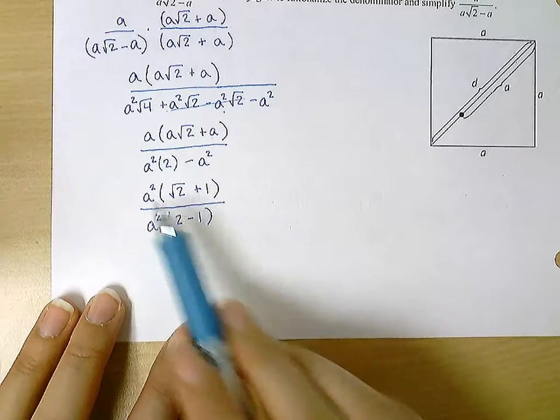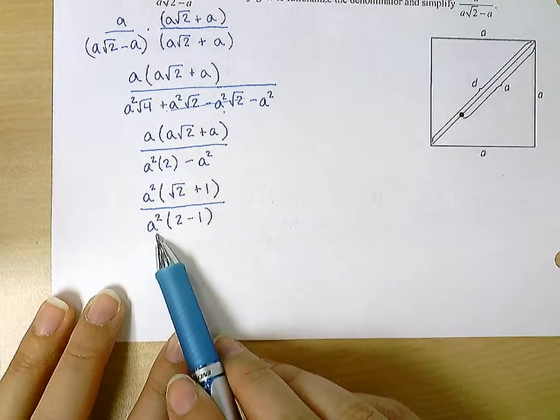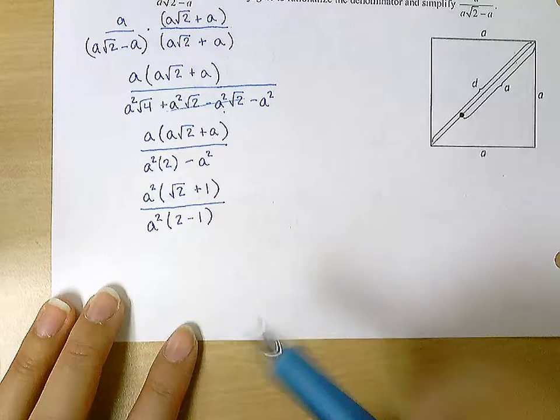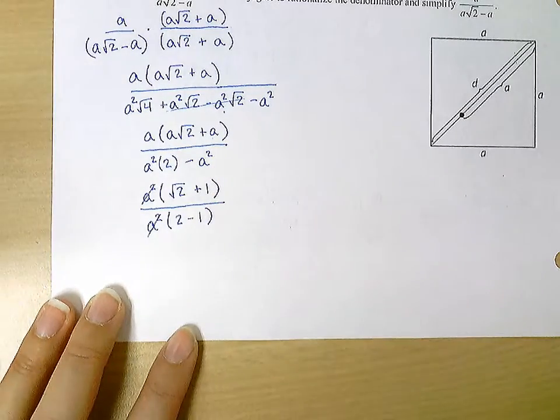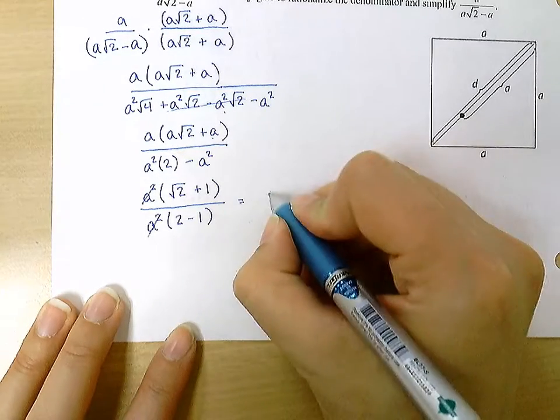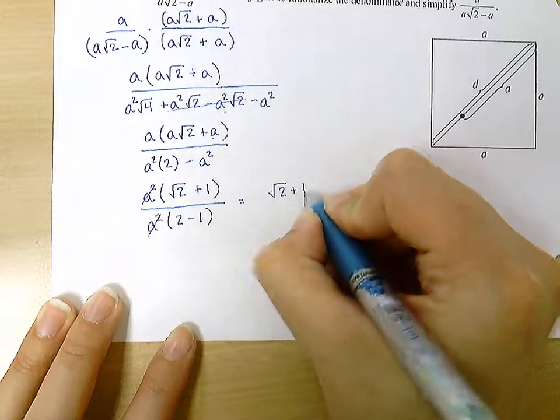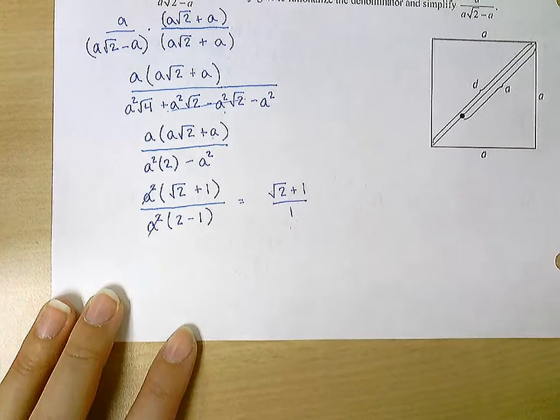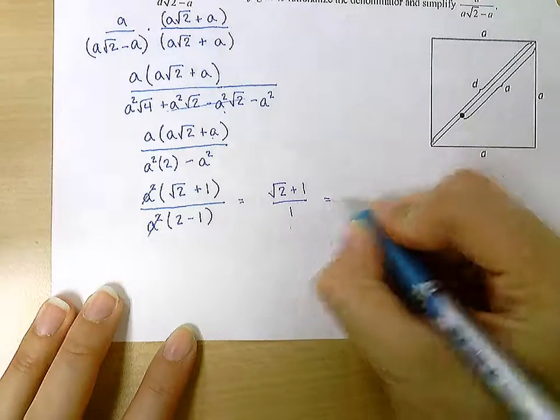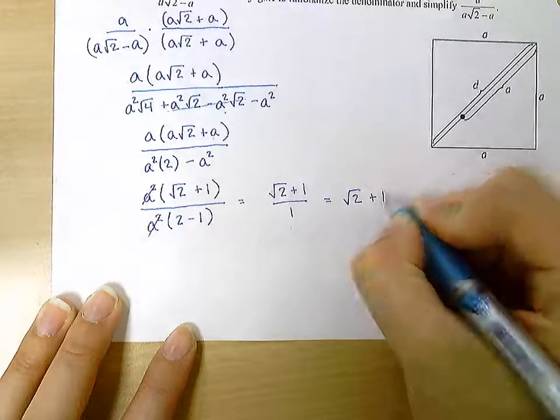Now if I have a squared over a squared, what happens? They cancel. Then I end up with the square root of 2 plus 1 over 1, which is just the square root of 2 plus 1.